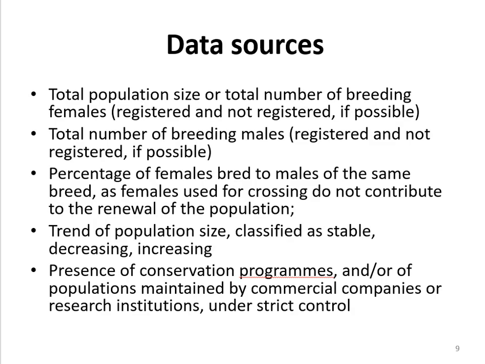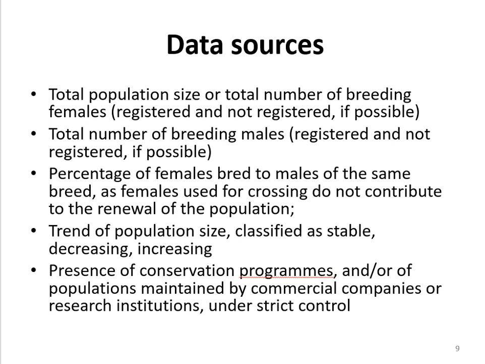We can get data from various sources, for example, total population size or total number of breeding females, registered or unregistered, of that breed. Similarly, total number of breeding males, and percentage of females being used for pure breeding as opposed to crossbreeding, because crossbreeding does not contribute anything to the renewal of the population.